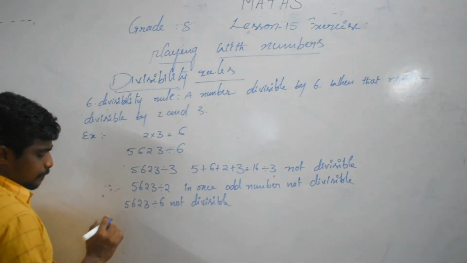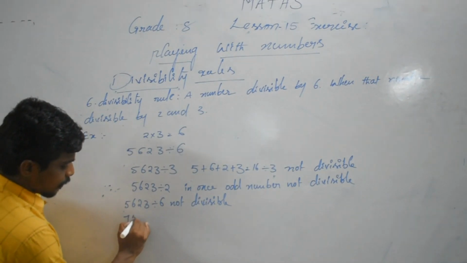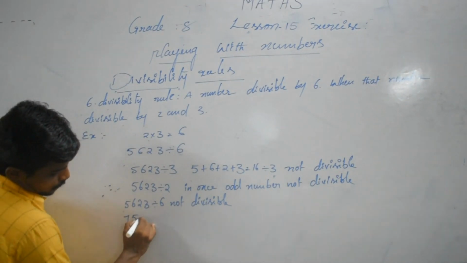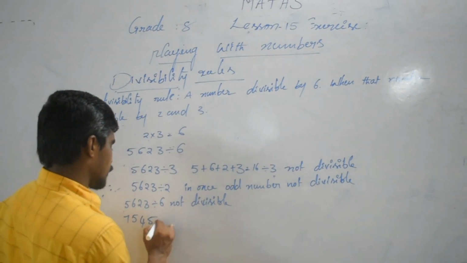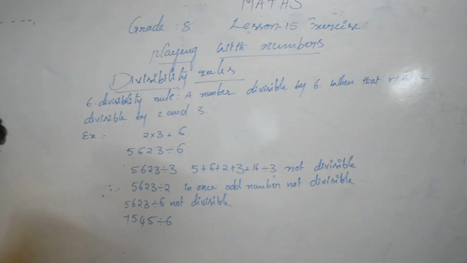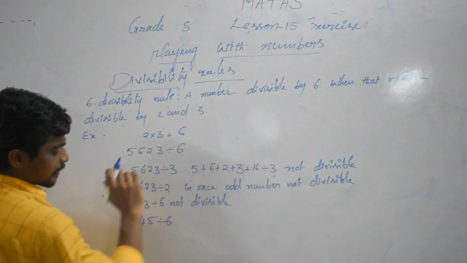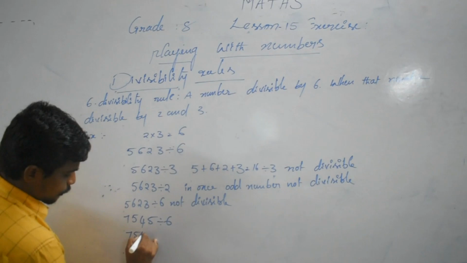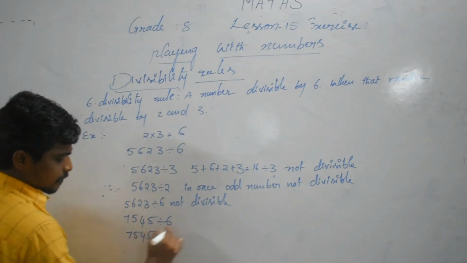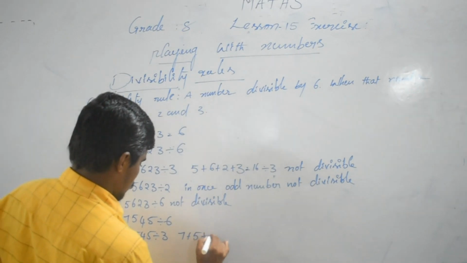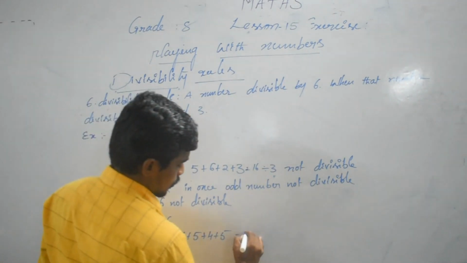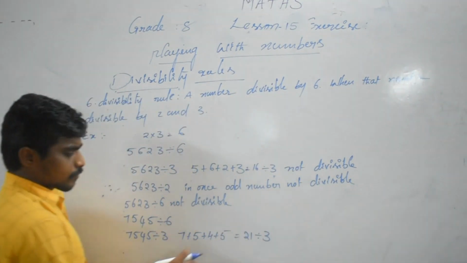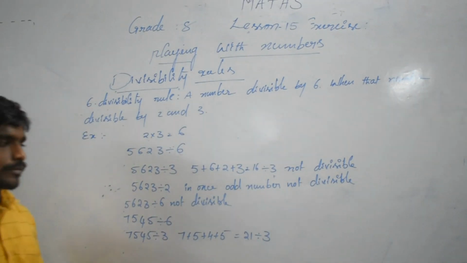Next one, another example. 7545 divided by 6. So here 3 divisibility: 7545 divided by 3. 7 plus 5 plus 4 plus 5. 5 plus 5 is 10. 7 plus 4 is 11. 21 divided by 3, divisible or not divisible?